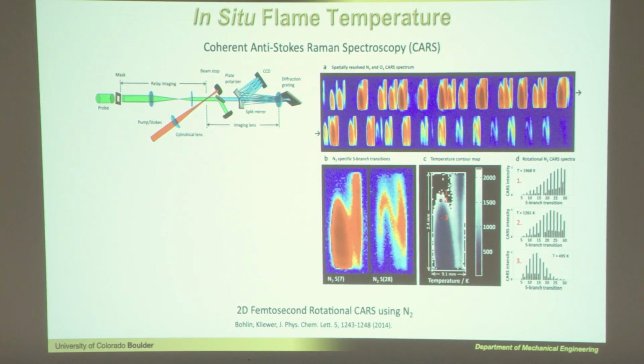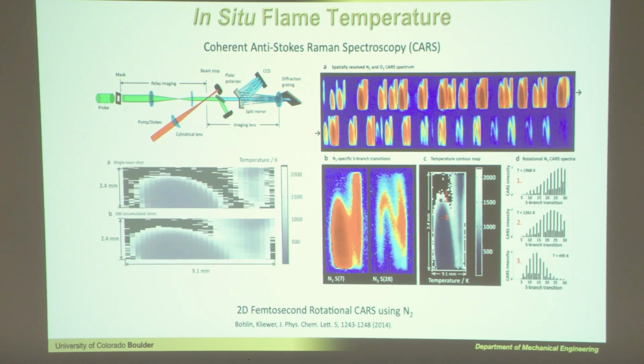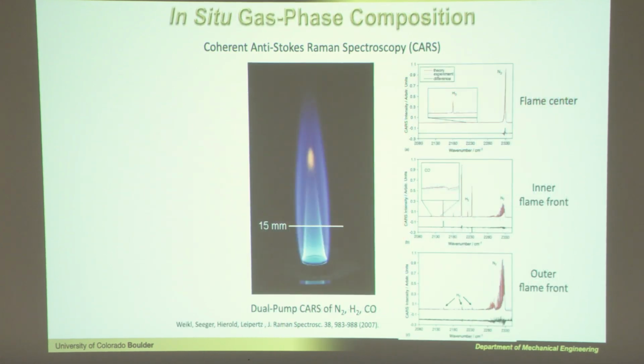Each of those panels up there is an individual state that they were probing. And they could get CARS signal all the way up to the wall inside, where they were doing some shock experiments.